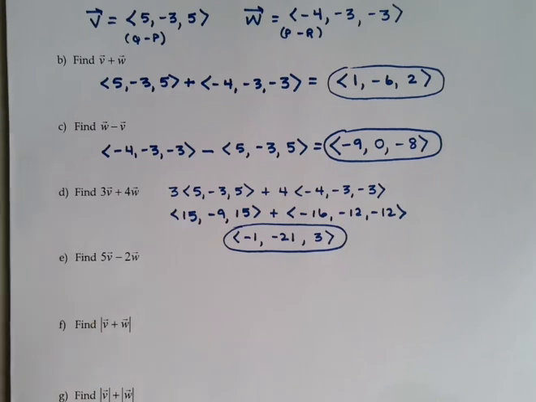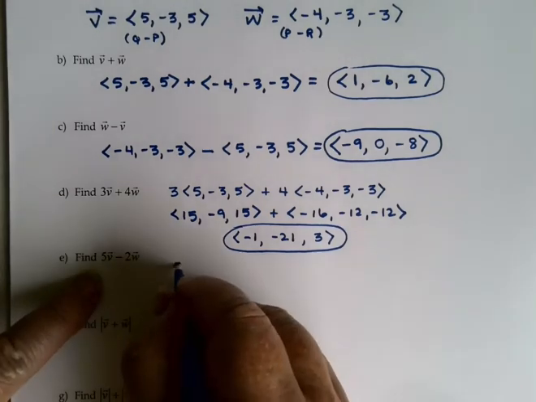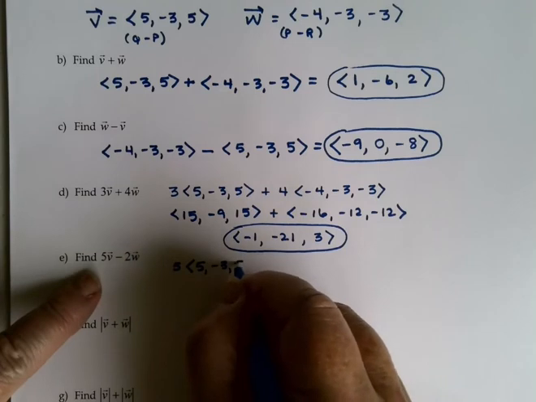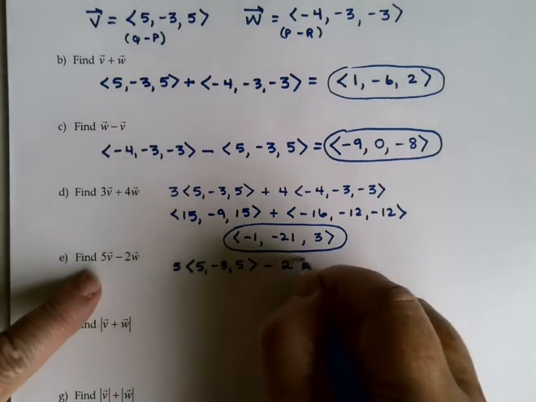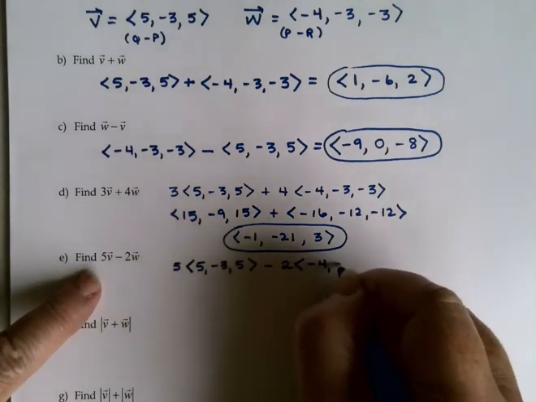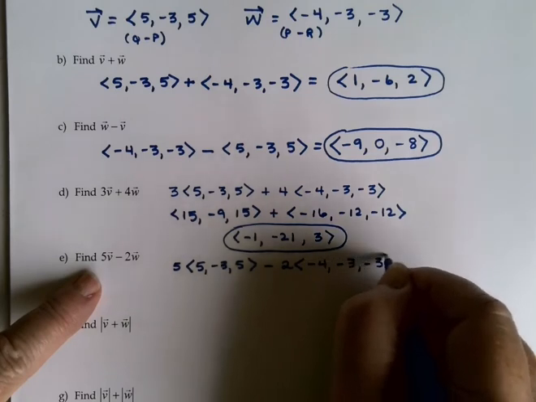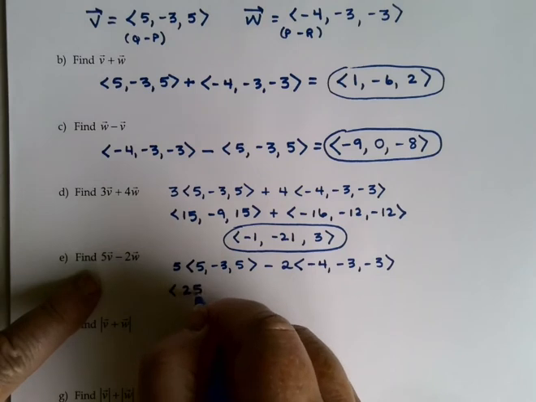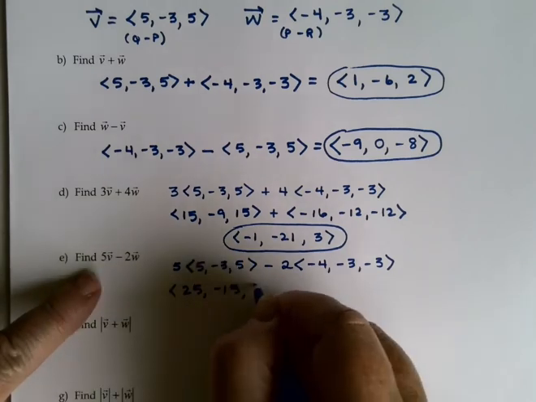In E, I want 5v minus 2w. So 5 times the v vector minus 2 times the w vector. It's going to give me 25, negative 15, 25.